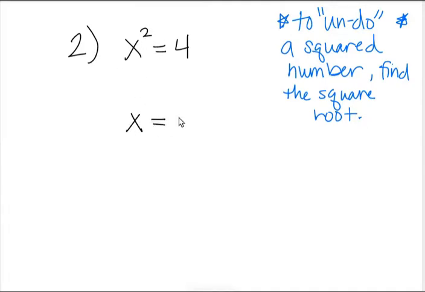I want to know what x equals, right? So in order to figure out what x is, I need to undo this squared situation. To undo a squared number, find the square root. So I'm going to square root the x. Whatever I do to the left side, I have to do to the right side. The square root of x squared is x. The square root of 4 is 2.